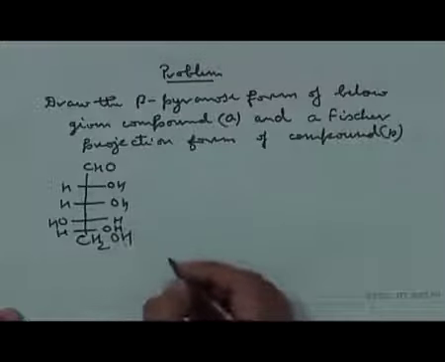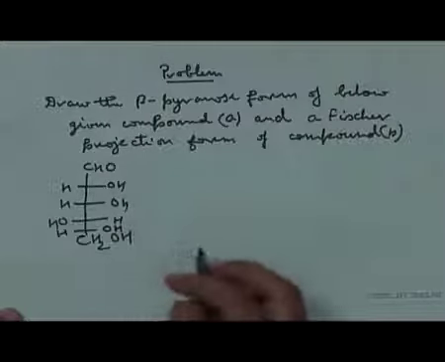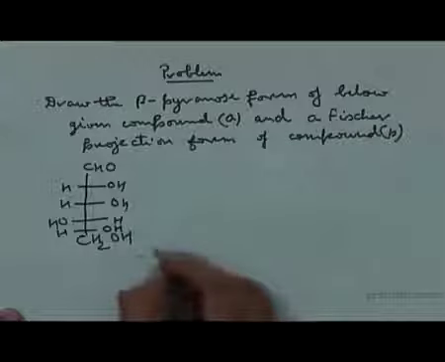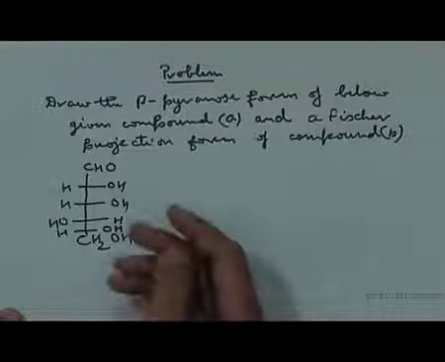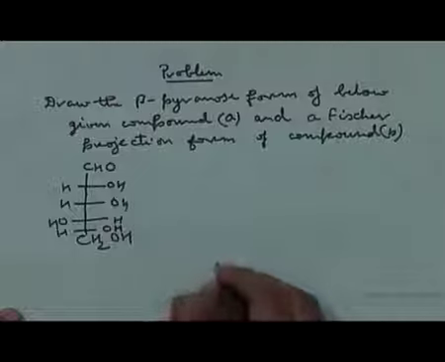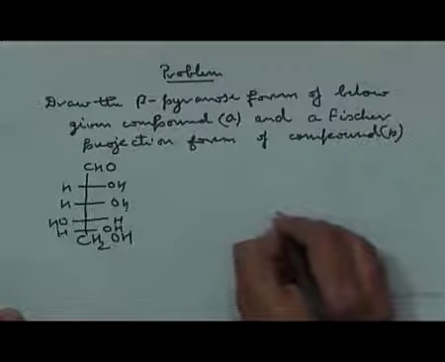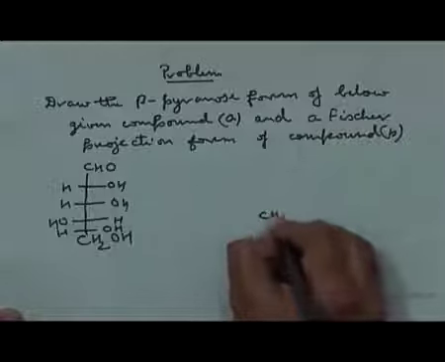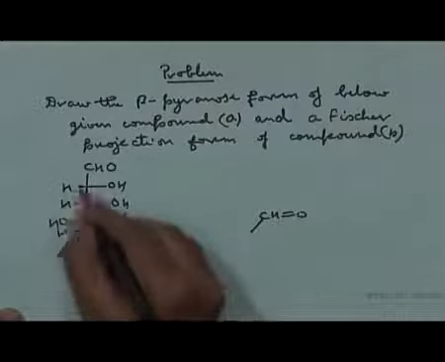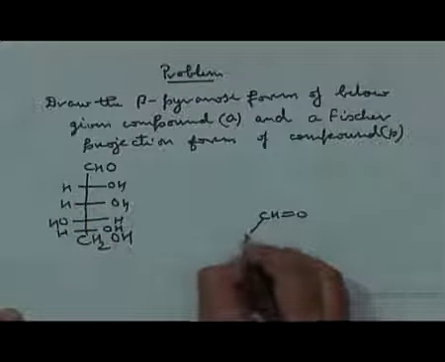Again I will draw it in the cyclic format. So, for drawing in the cyclic format I will take the aldehyde first. So, let me make the aldehyde and then the first carbon attached to it.